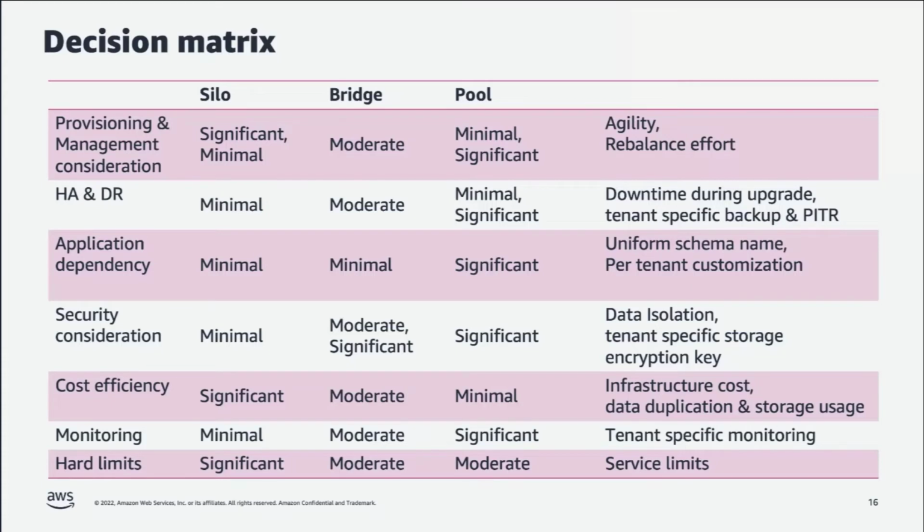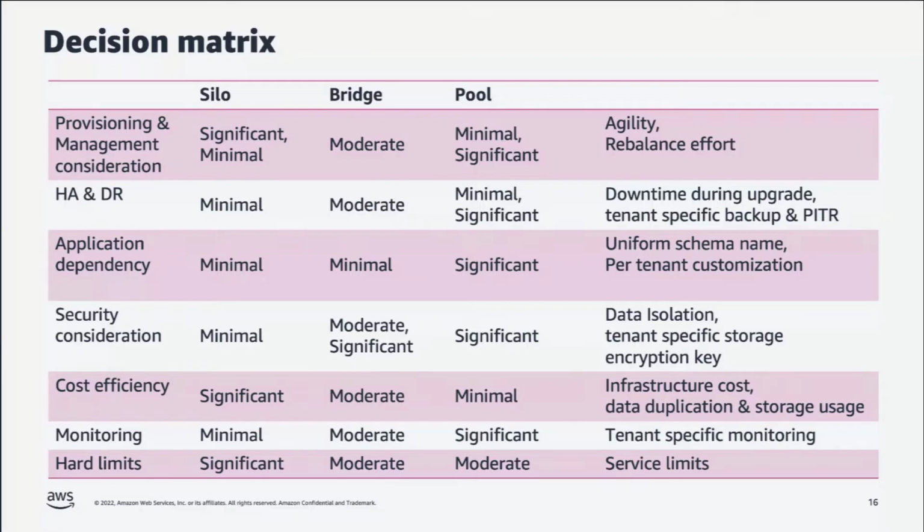So let's now look into decision metrics and the factors that can influence what isolation model you should pick. In addition, you also need to look into various other factors for choosing the appropriate isolation model for your multi-tenancy workloads. For provisioning and management, new tenant agility could be faster in pool, moderate in bridge, and slower in silo.